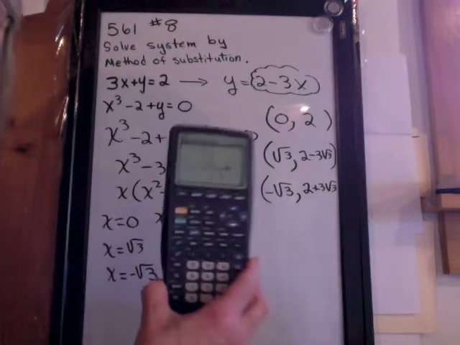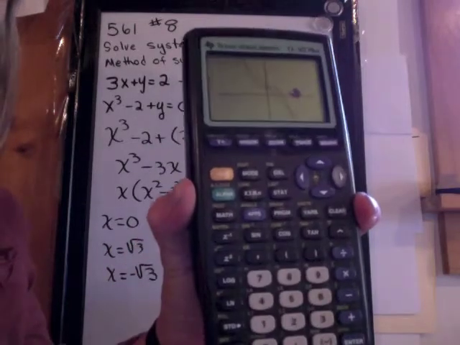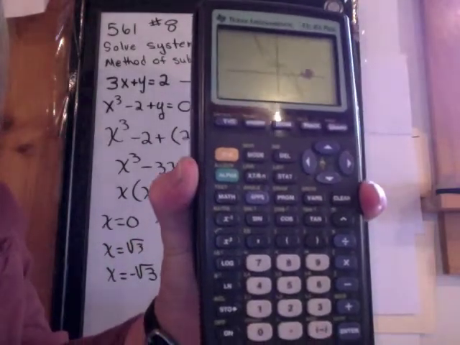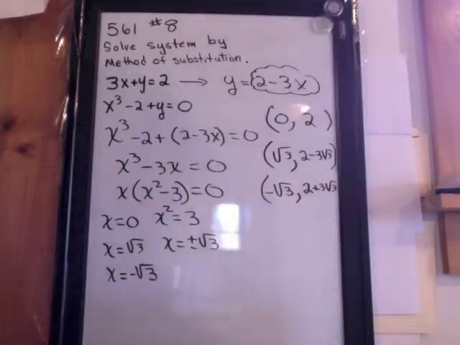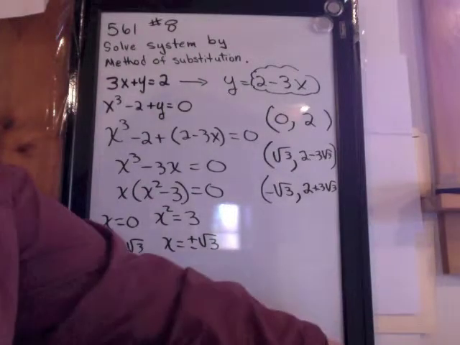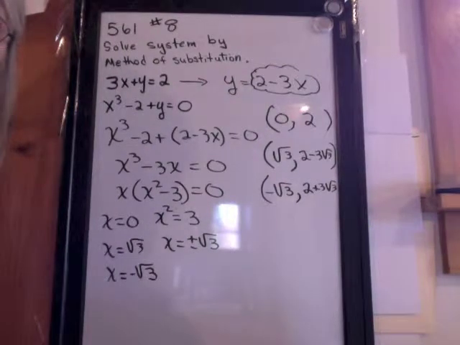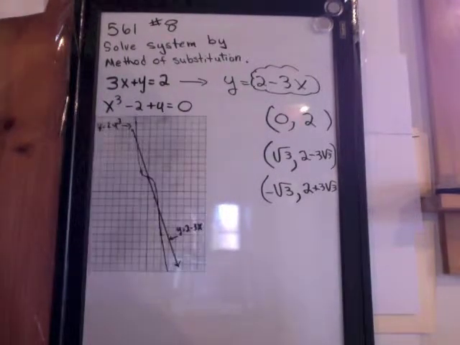I don't know if you can see that or not, but I changed the window so that I could see the graph more easily and check my answers. And when I did that, I made a sketch of the graph here. So let me just clear my screen for a second.